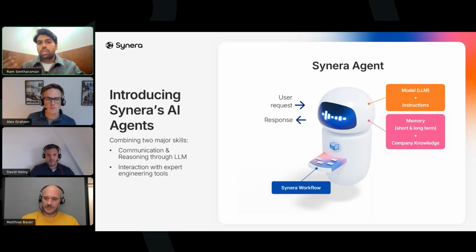But for that to work in engineering, we need Synera workflows. These could be rule-based automation. These could be connections to other tools. At the end, it's not just a generic agent anymore. It's an engineering agent. It can get a request from an engineer, work through the LLM, the context, and the workflows, and provide a response that's more engineering friendly and can allow these experts to interact with these tools. And that was just one agent.